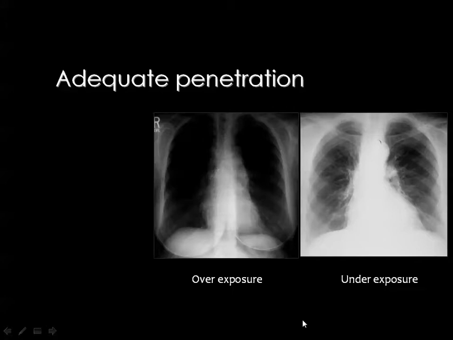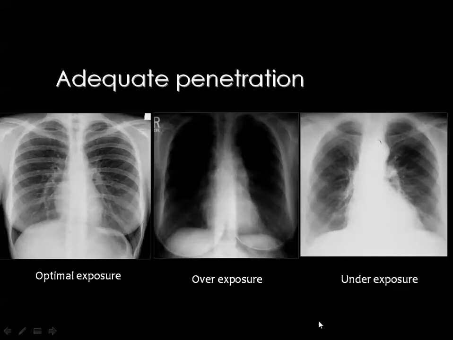Then if you look at the chest X-ray, you can easily appreciate if this is a well exposed film or an overexposed one like this or underexposed like this. Optimal exposure will display the lung fields, the lung markings, the cardiac shadow, the costophrenic angles.